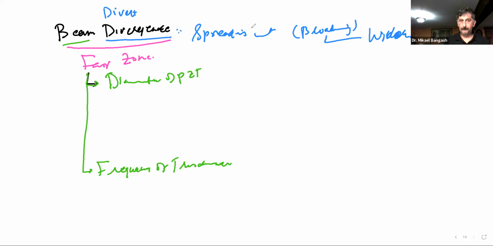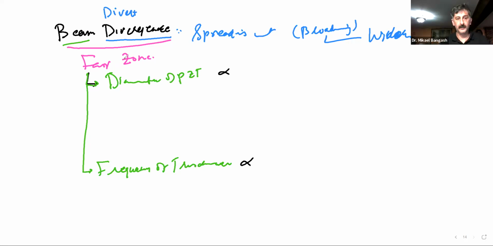Clear? But now comes the question: since they are related, that mainly means that the diameter of the PCT is going to determine or have an effect on how much the beam is going to diverge. Where is that diverging happening? In the far zone. Likewise, the frequency of your transducer is going to have an effect on how much the beam diverges. Where does that occur? In the far zone. Clear?